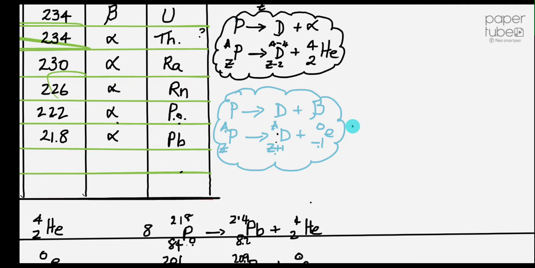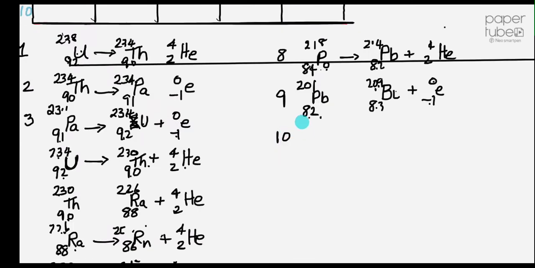Yes. And finally, number 10. Let me look at the table. Bismuth, 83, goes to polonium. Well, polonium is 84. The only way I can change that 84 to an 83 is to have a beta particle. There it is, 84 plus -1 gives me 83. Add up the numbers along the top. 209, 209.